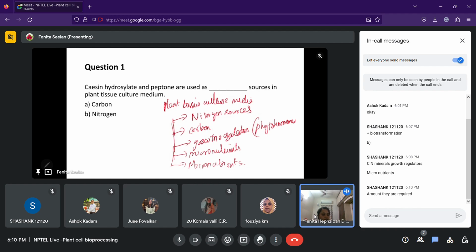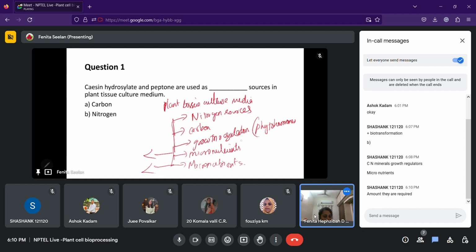So what are the examples of macronutrients? Any two examples you can give for macro and micro? You told minerals, right?